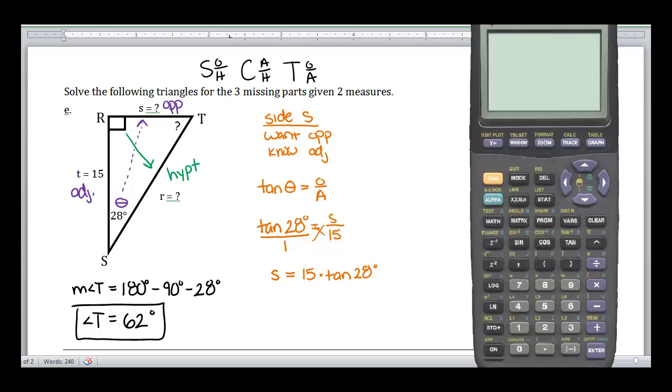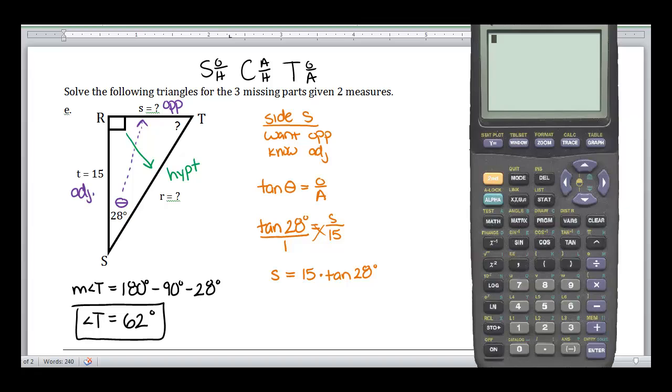Now the first thing I'm going to want to check before I even do any calculations is my mode. I am trying to take the tangent of 28 degrees. So if degree is not highlighted when you press your mode button, you would need to scroll down, scroll over to degree, and press enter. If you're not in the degree mode, all of your answers will come out wrong.